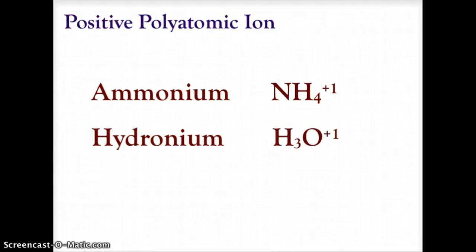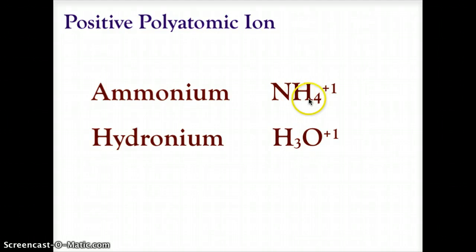So there are also two positive polyatomic ions, and these are unique in that they are the only positive polyatomics. And remember, the word polyatomic means many atoms, poly, the prefix for many, atomic referring to atoms. So we're talking about a molecule made up of more than one atom.